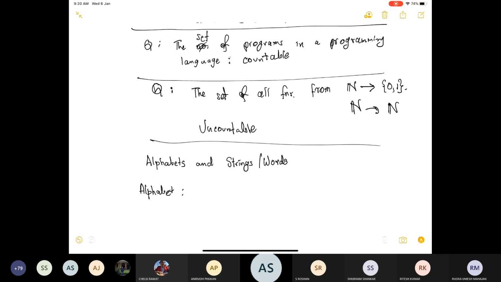An alphabet is just a finite non-empty set. We usually denote it by this Greek letter sigma, the capital Greek letter. So it is both finite and non-empty. That's important. For instance, we have the binary alphabet, which we just saw.